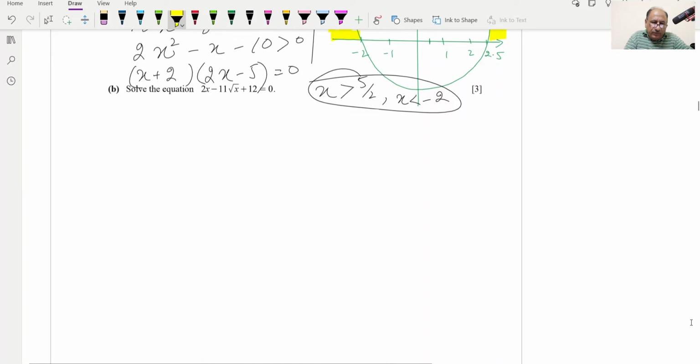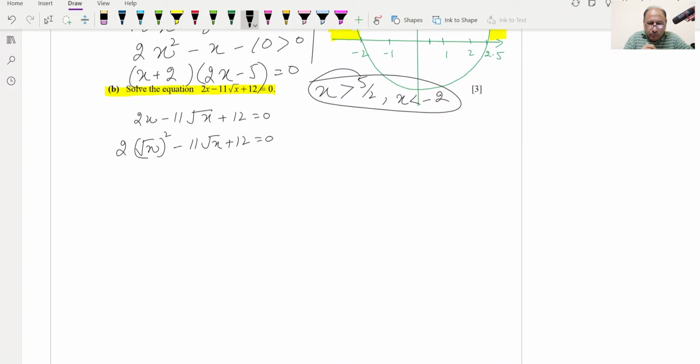Now for b part they are saying solve the equation this. So we have to solve this equation, which we can solve as we can see over here. This is 2x minus 11 under root x plus 12 is equal to 0, and this one we can write like this one, minus 11 under root x plus 12 is equal to 0.